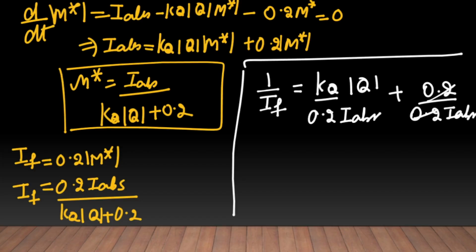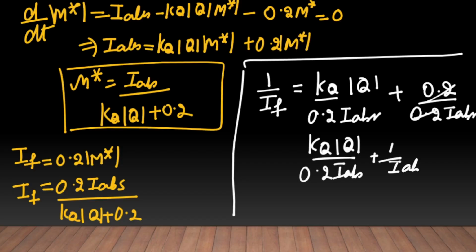So this is being cancelled out. It becomes kq times q upon 0.2 into I observed plus 1 by I observed. So 1 by IF, right?